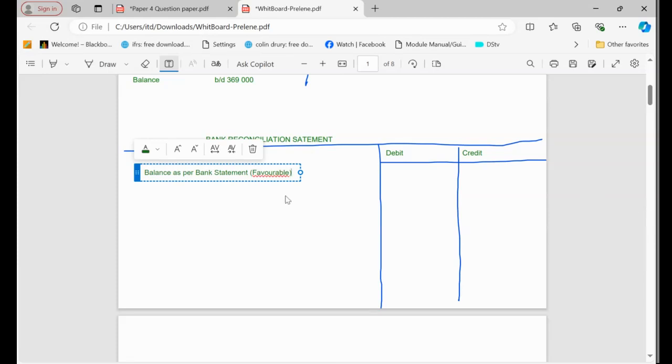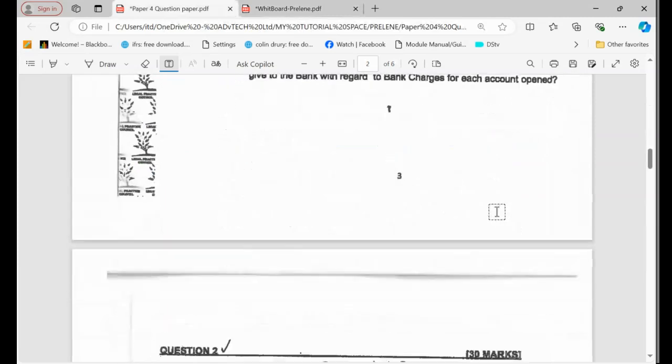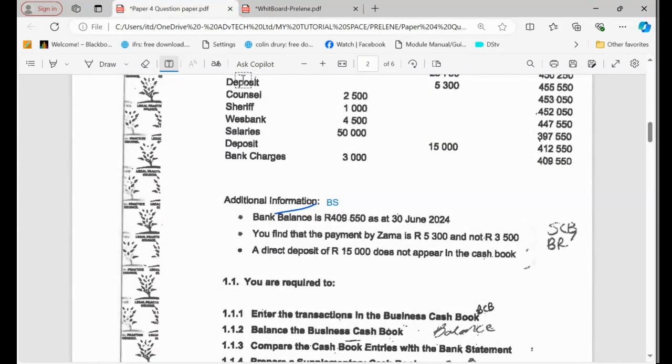Okay. So I think it was a favorable one, remember? When we went through, remember I said which balance must we always take? I said we must always take this one. Remember this one? Bank balance as at, the end one, the closing balance, all the time.